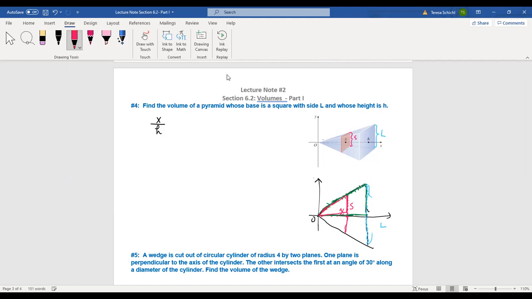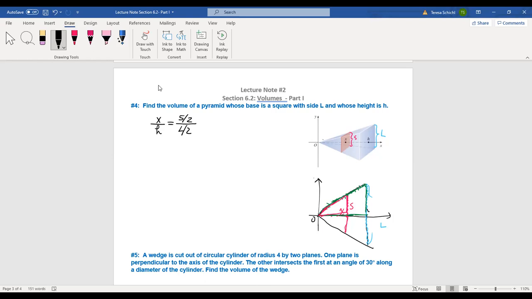So I want to find the side, right? Because in order to find the area of here, I need to know the side, then I can find the area. So X over H, right? So X compared to the height here. So this distance compared to this distance will be equal to what? Will be equal to the whole thing here, S. So this is S over 2 compared to L over 2.